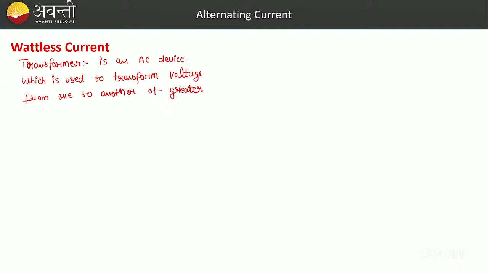We use this transformer to increase or decrease the value of voltage, and likewise current, to a greater or smaller value. Okay.